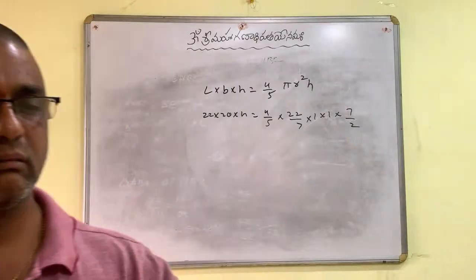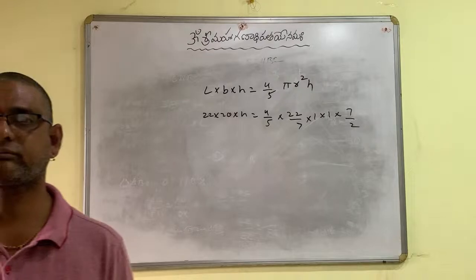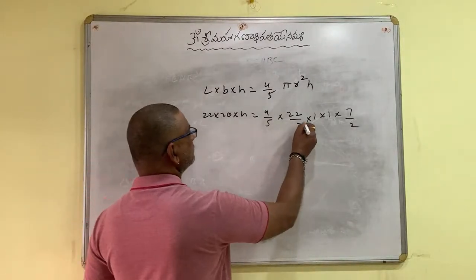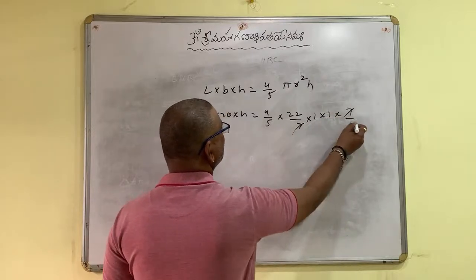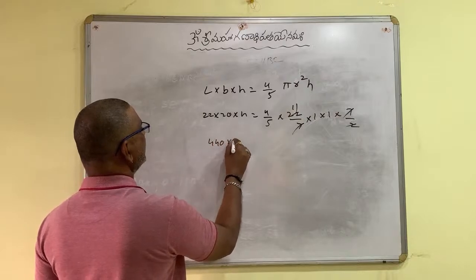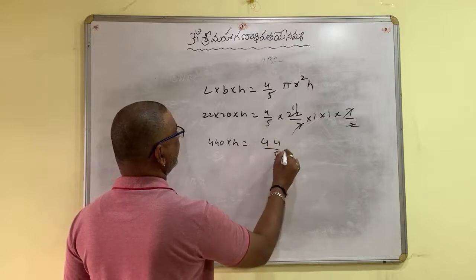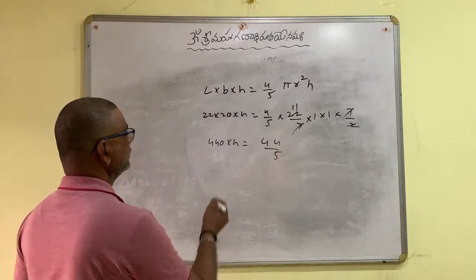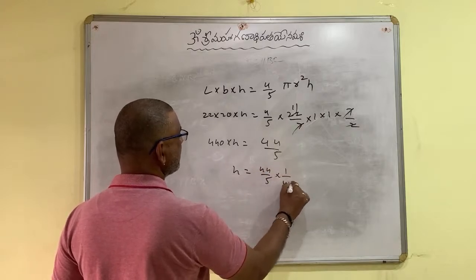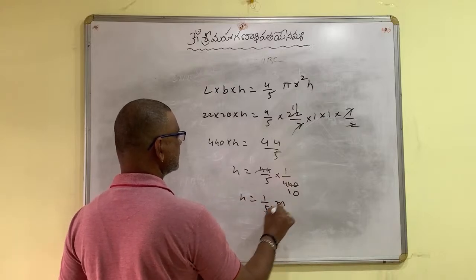Find out H. Two 11s. 440 into H is equal to 44/5. Then H is equal to 44/5 into 1/440. 10 times. H is equal to 1/50 meters.